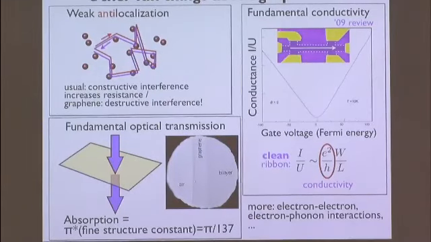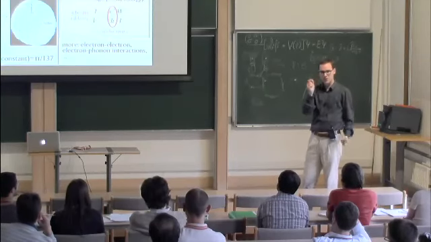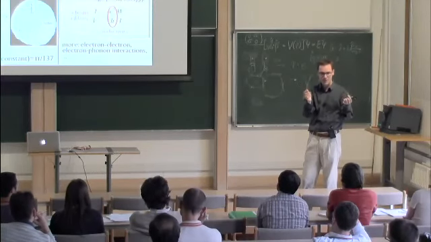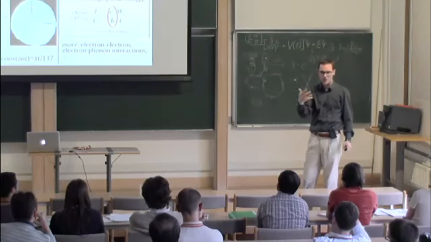Okay. Then if you just ask about the conductivity without disorder, like of a strip of graphene, like shown here, you apply a voltage, measure the current, and do that as a function of Fermi energy, you find, first of all, what is not surprising, if you have a large Fermi energy, you are already deep up into one of the Dirac cones, and then many electron states will contribute, because the circumference of the circle of constant energy gives you, so to speak, the density of states, the states contributing to transport.